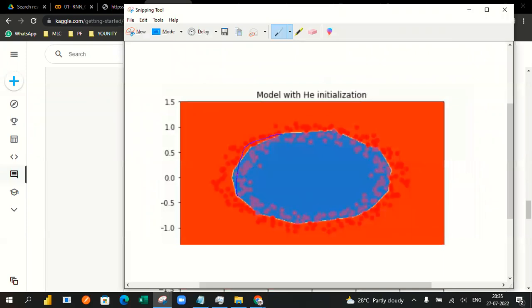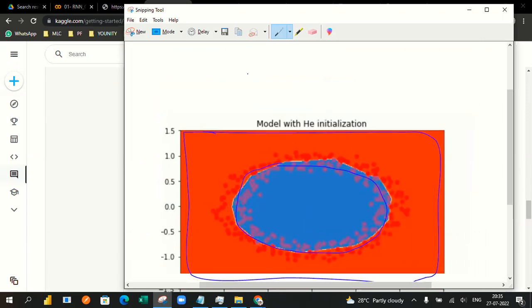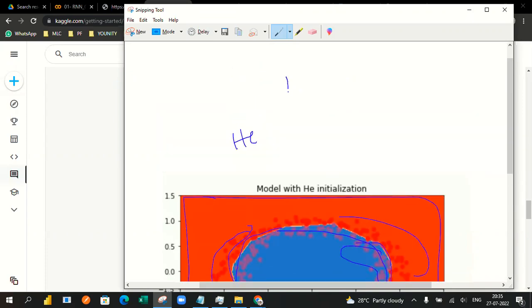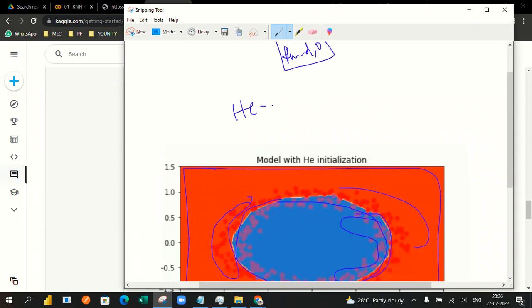So this is how it's going to be classified between the blue and the red region. Maybe He initialization works well. It's also not 100%. Some of the blue points may be showcased here, and some of the red points are also showcased in the blue range. But compared to what we discussed with the random initialization and the zero initialization, it may separate with somehow 98%, maybe 97 to 99%.